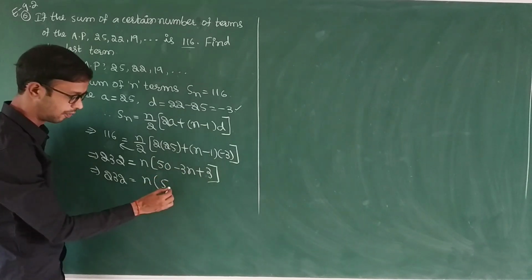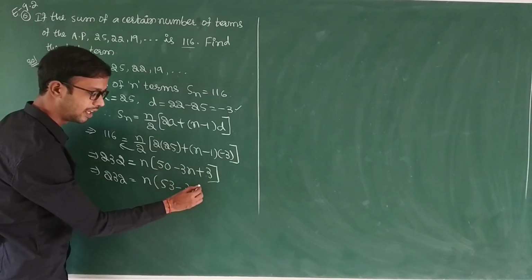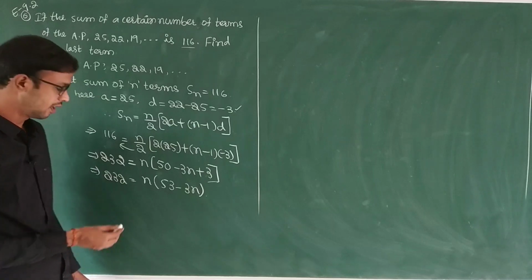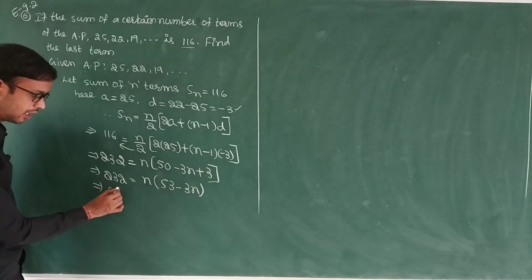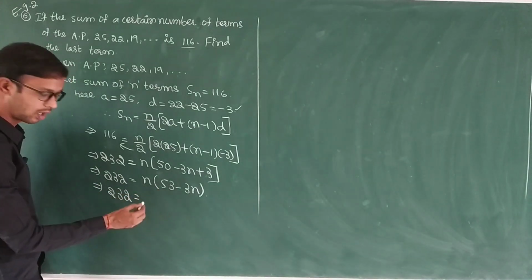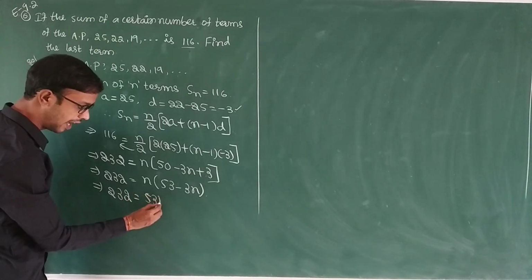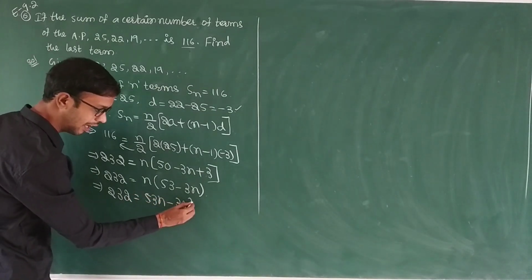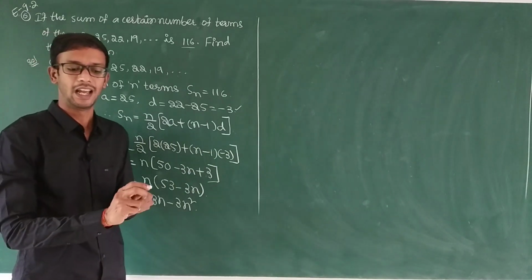Multiply inside: minus 3 into n minus 1 gives minus 3n plus 3. So 232 is equal to n into 53 minus 3n, which is 53n minus 3n square.